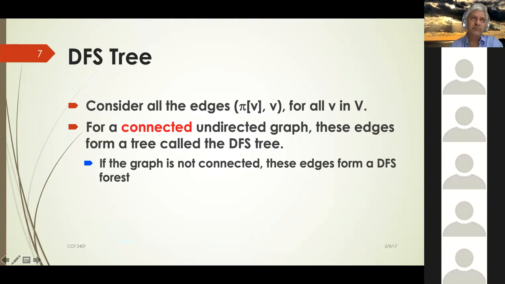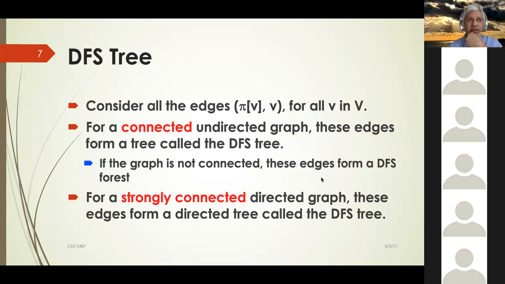By the same token, you can also claim the contrapositive of the statement, that if the graph is not connected, then those big fat edges that we had will not give us a single tree. Instead, they will give us multiple pieces. And if it's in multiple pieces, it's not called a DFS tree, it's called a DFS forest because there are multiple trees. Is that clear?